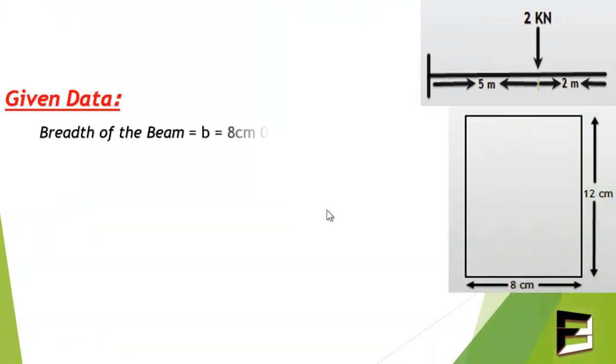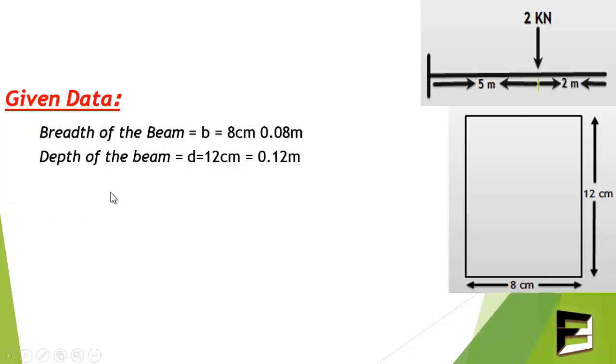Given data: breadth of the beam is equal to 8 centimeter. We have to convert it into meter, so 0.08 meter. This is the breadth of the beam. And second is the depth of the beam, which is 12 centimeter.